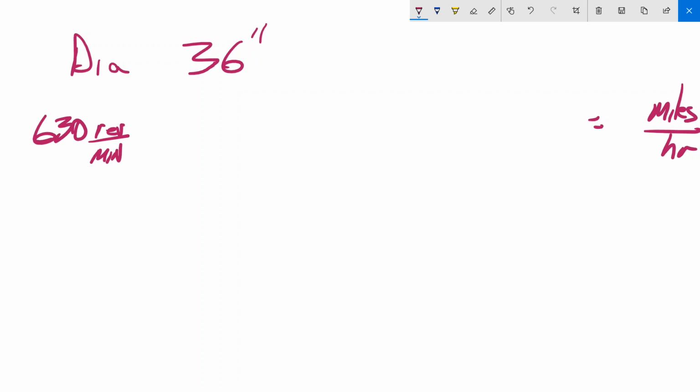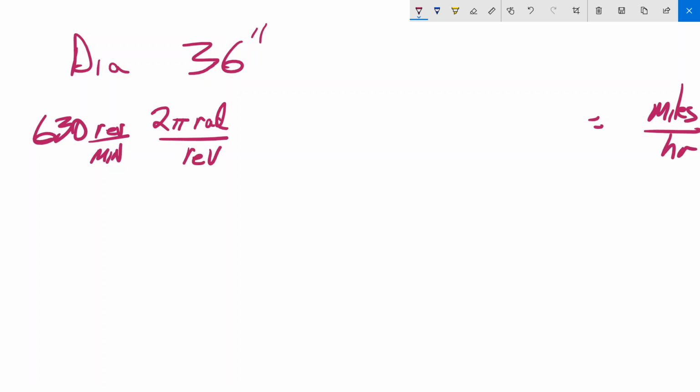Well, let's take the two most important conversions, which is 2 pi radians per revolution. Agreed?